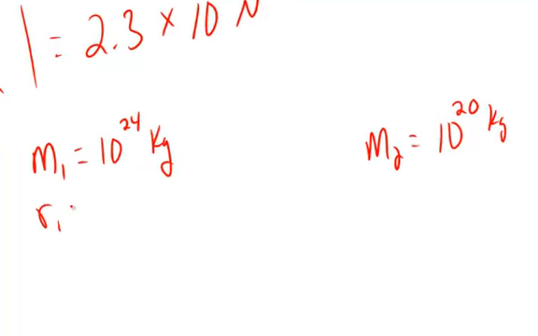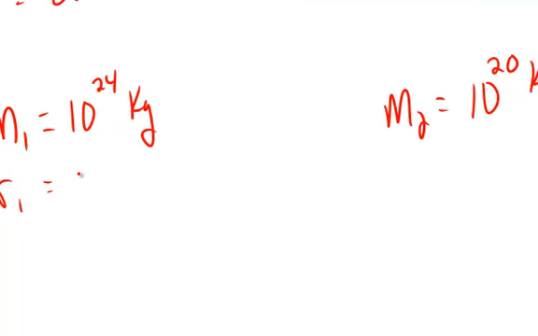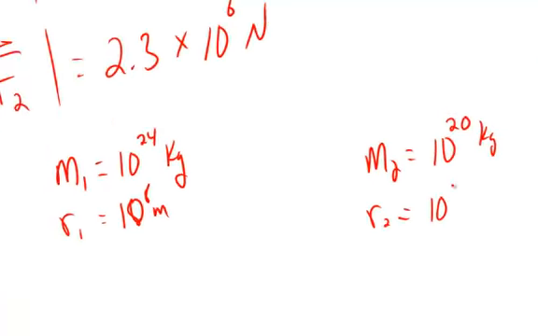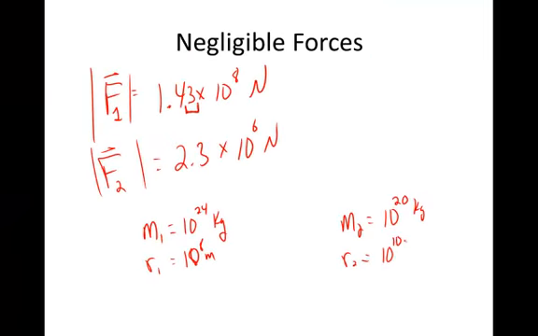And the distances in this case that we're dealing with are 10 to the 8 meters. And the distances that we're dealing with in this case are, say, 10 to the 10 meters. What we can do is make an argument that, well, this mass is 10 to the 4 times smaller. This distance is 100 times larger.